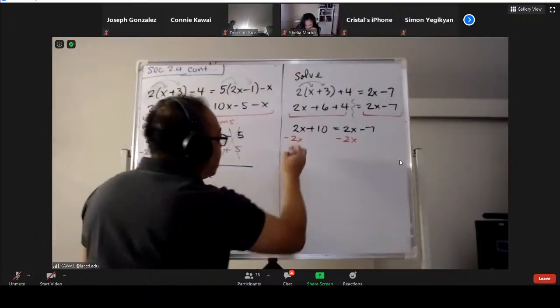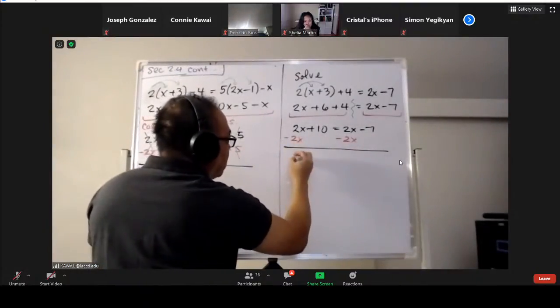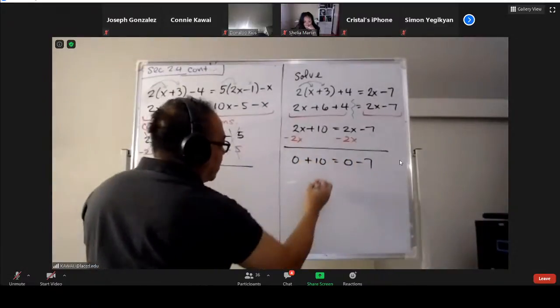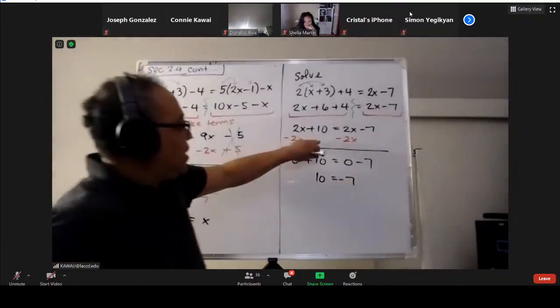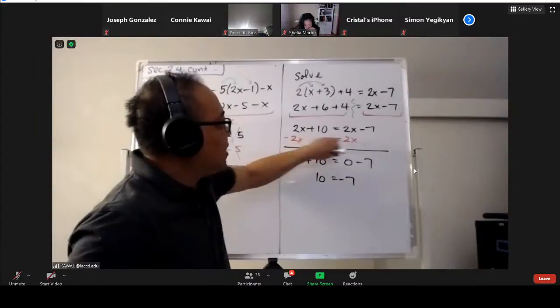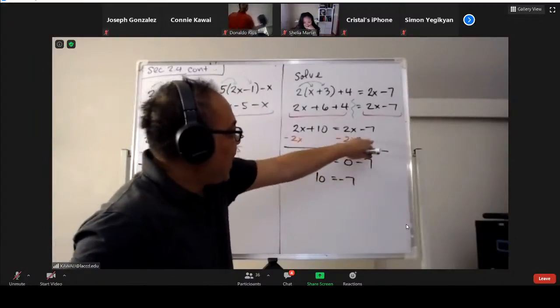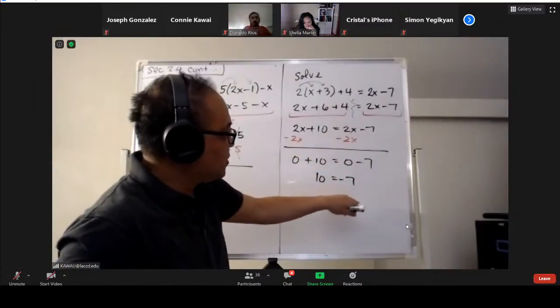What will happen is that you'll get 0, which is basically... Now, if you subtracted 10 from both sides, you get 0 equal to negative 17. If you added 7 to both sides, you would get 17 is equal to 0.